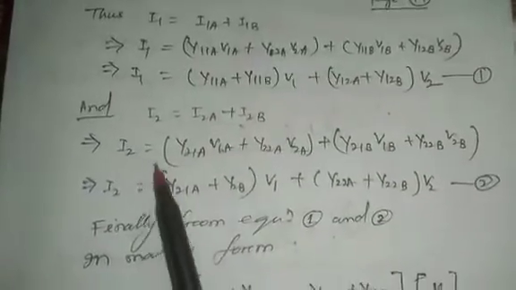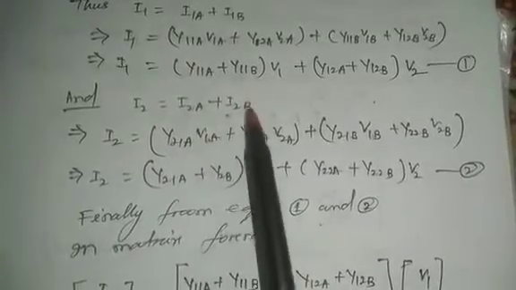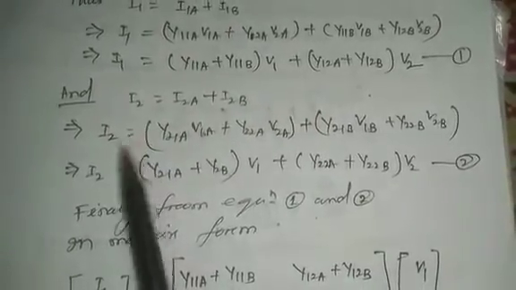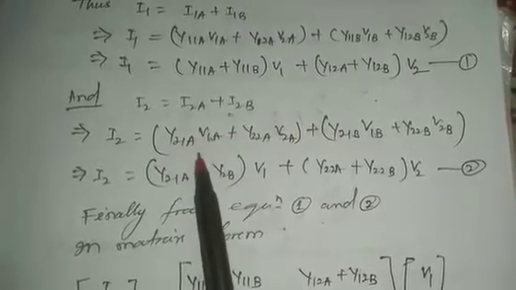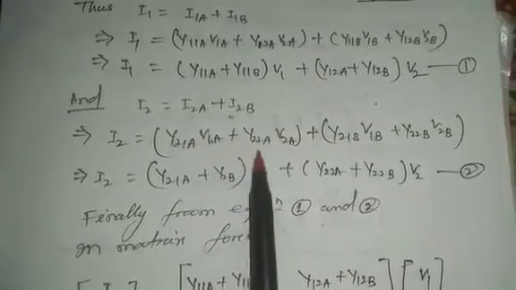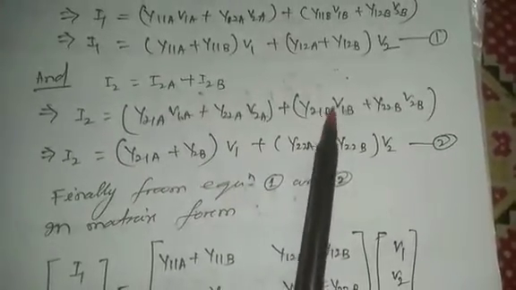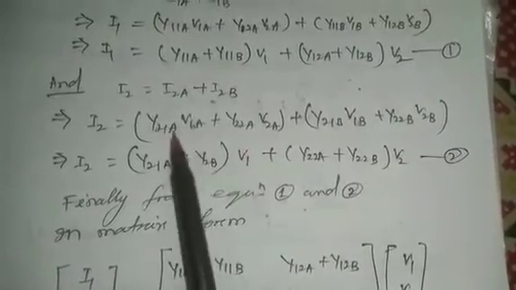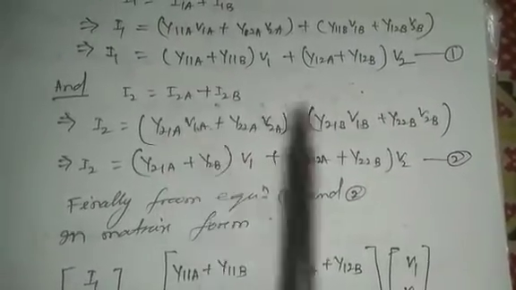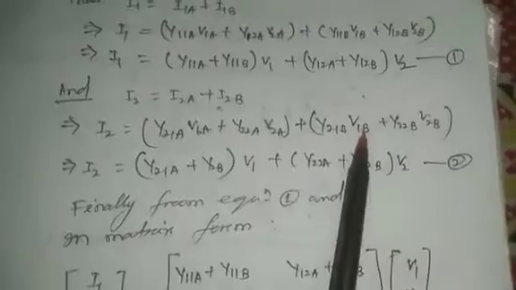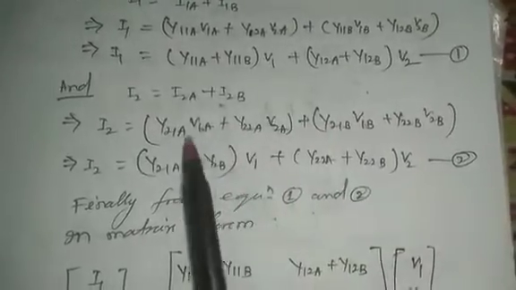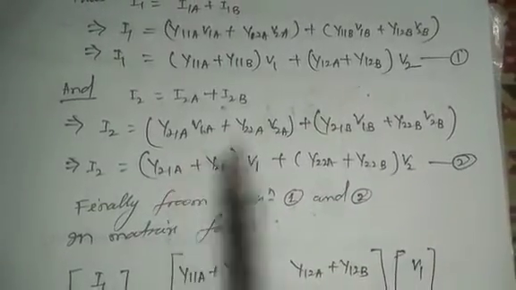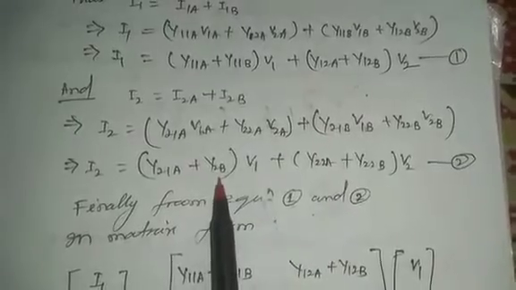Similarly, you already know I2 is equal to I2A plus I2B. In place of I2A, you put y21A V1A plus y22A V2A. In place of I2B, you put y21B V1B plus y22B V2B. If you take V1 common, since V1A and V1B are equal to V1, from this equation y21A and from this point y21B.